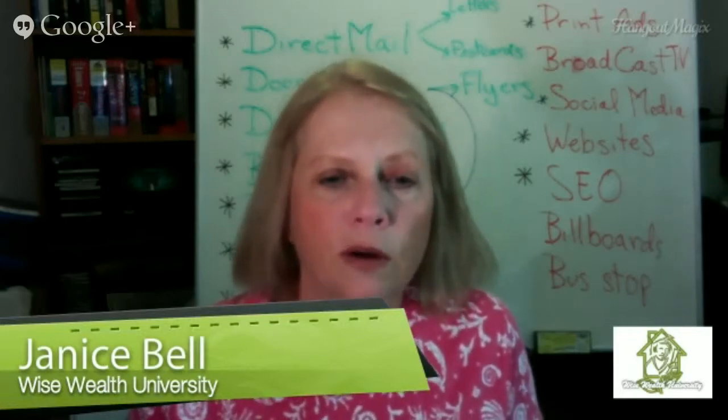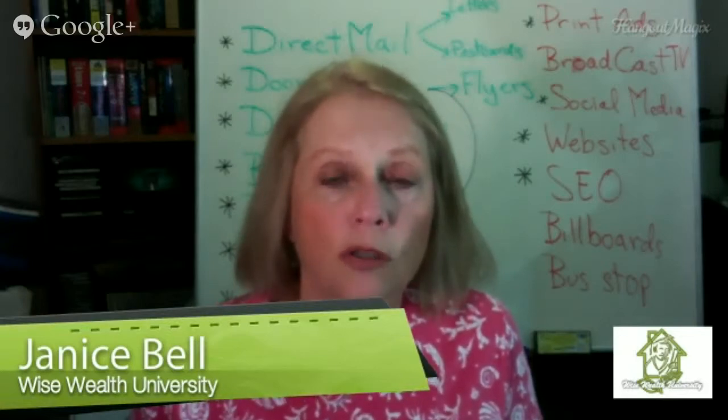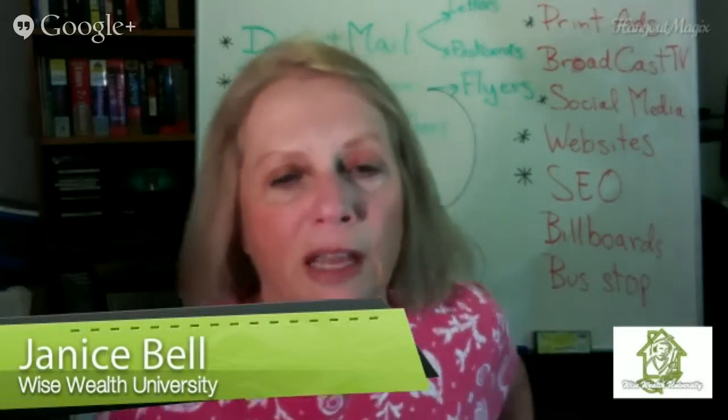There are several ways you can do the door-to-door. One way is to get your list from the title company, look up the houses you want to target, and then go door knock some of those doors. Not the absentee owners, that won't help you, because those owners don't live at the rental.